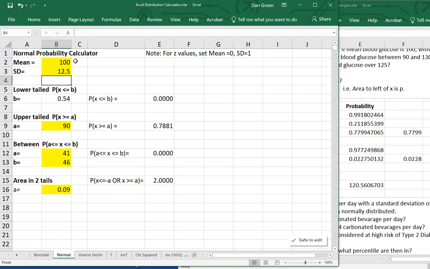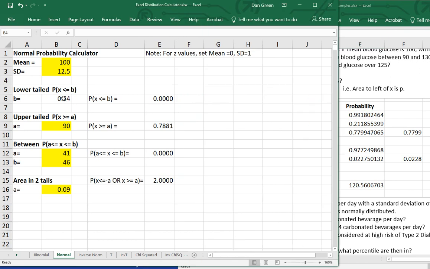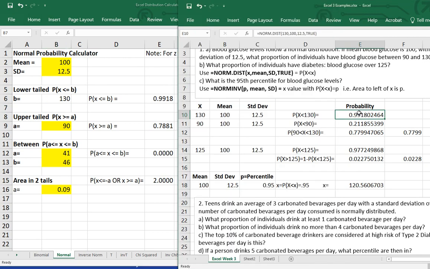And then we were finding probability x is less than 130, so lower tailed, x less than b here. So the 130 is our b, so 130, boom, .9918, and look, that's what we got over here, .9918. So we didn't have to do the NormDist formula.